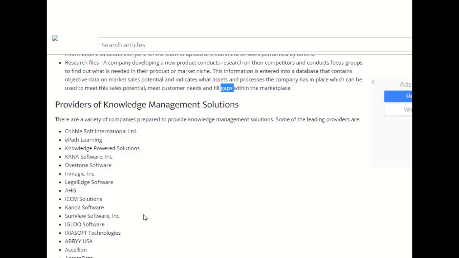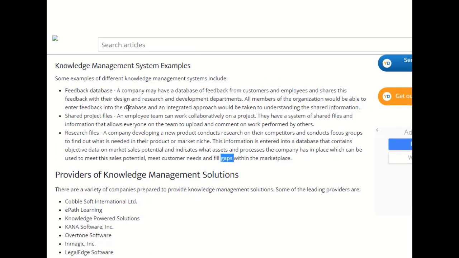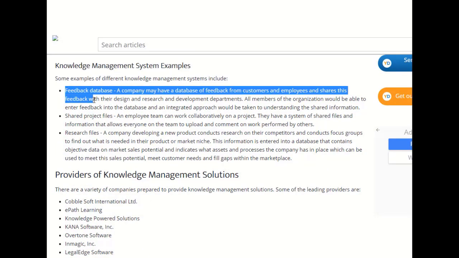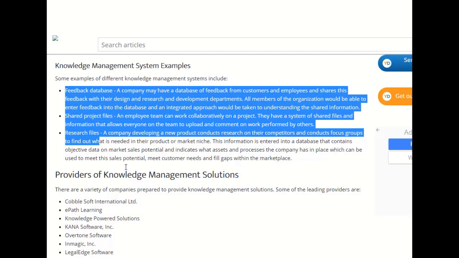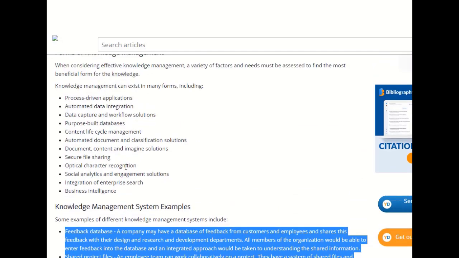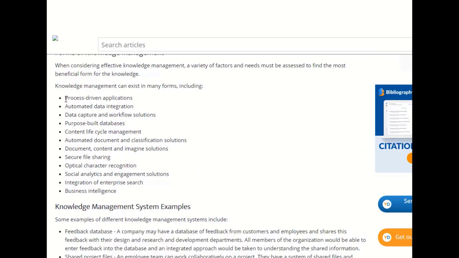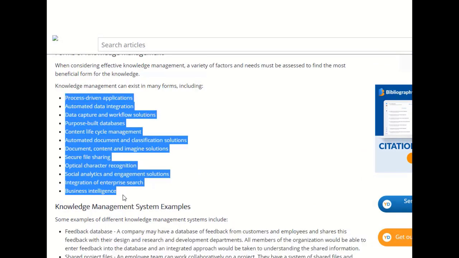If you are one of the programmers, these are the databases that must be present in your knowledge management system. And if you're going to design a knowledge management system, take note of these forms. They must be present in your system.